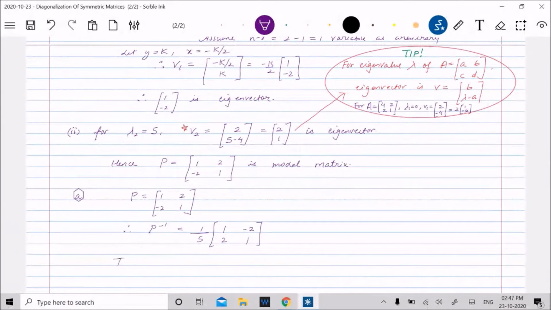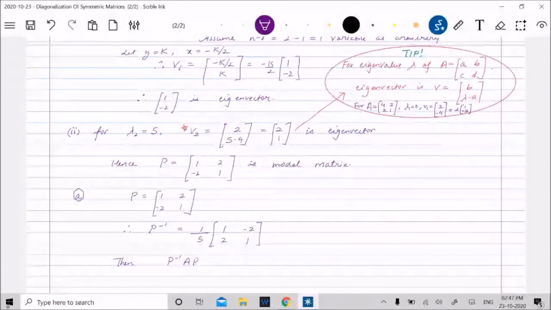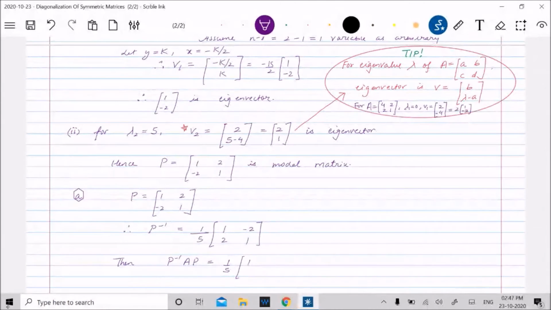Okay, then now I want to see that D equal to P inverse A P is equal to what? I think you will be able to get a diagonal. Now it's looking like we will be getting D equal to 1 by 5 times minus 2, 1. This is P inverse. And what is A?